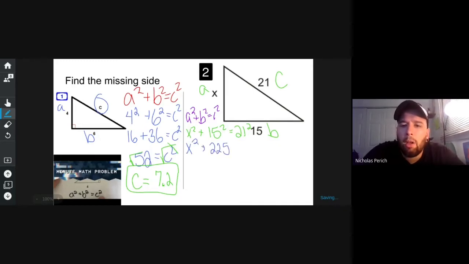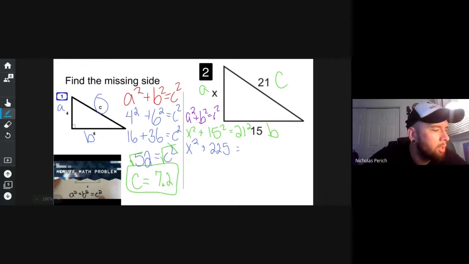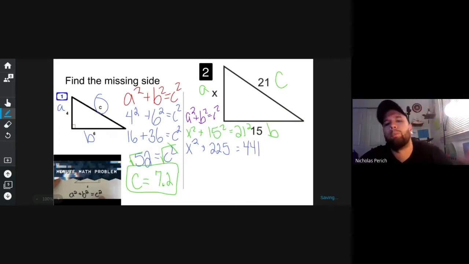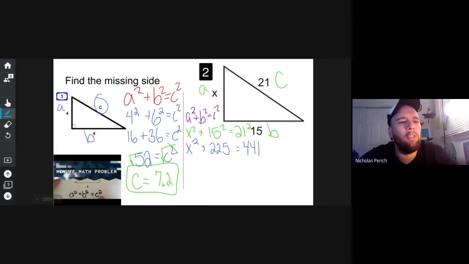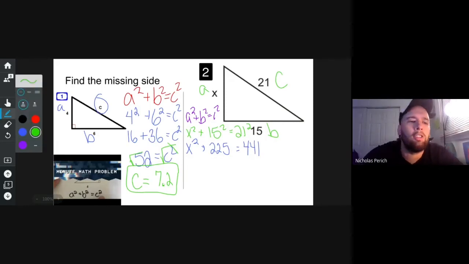X squared is X squared. 15 squared is 225. 21 squared is 441. Is x all by itself? No. What's in the way?